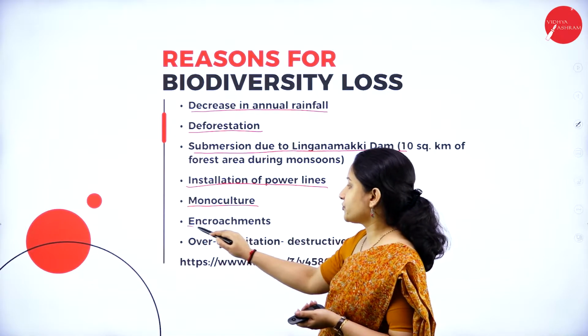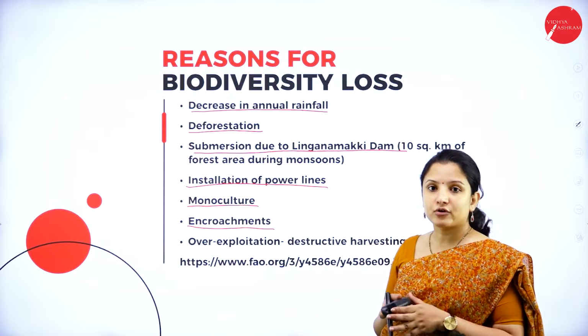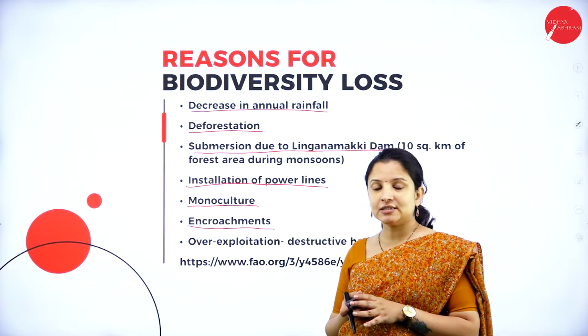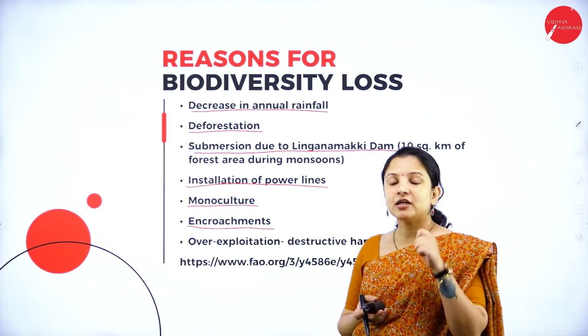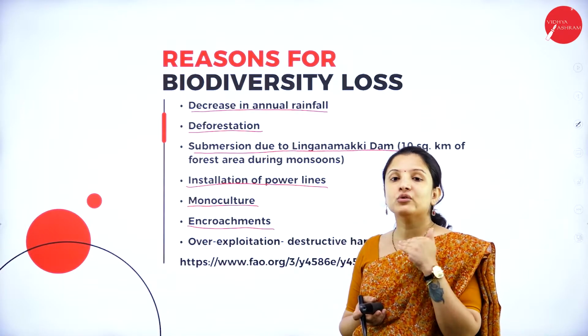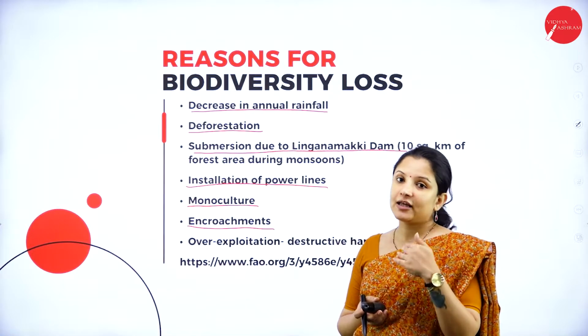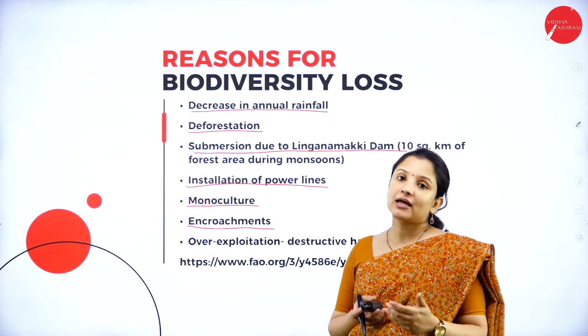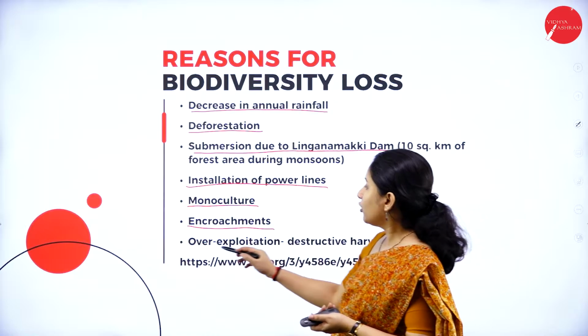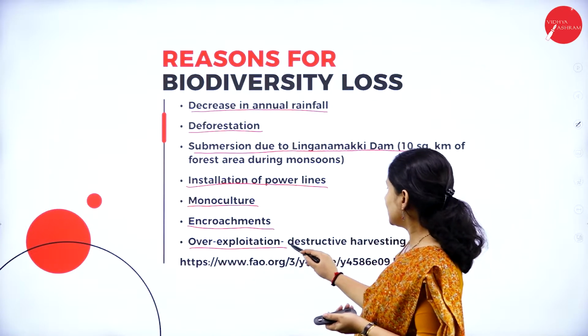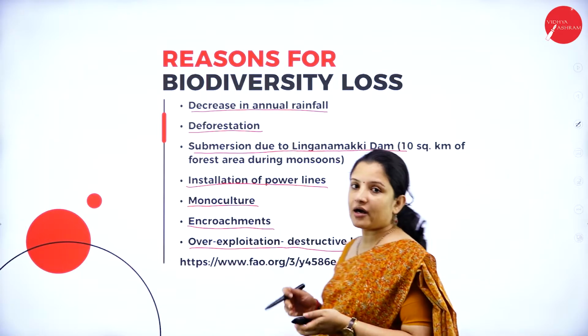Next is encroachment. People started to encroach, especially the contractors. They persuaded the farmers having land to illegally expand their lands into the forest, so that the medicinal plants could be grown. And also over exploitation, that led to destructive harvesting.